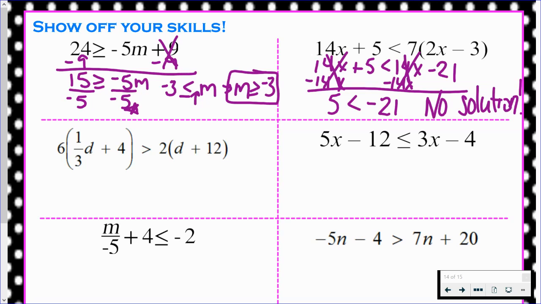Okay, next one, 6 times 1/3. We'll always think whenever you take 1/3 of a number, it's just like dividing by 3. So 6 divided by 3 is 2d plus 24 is greater than 2d plus 24.